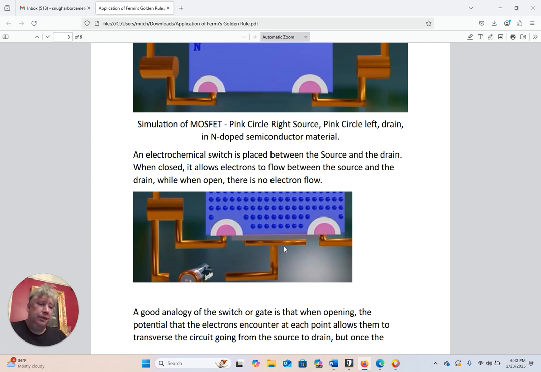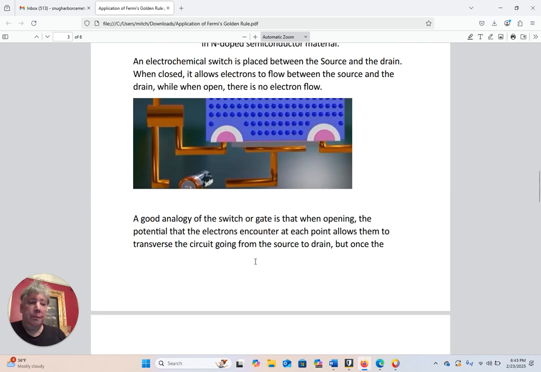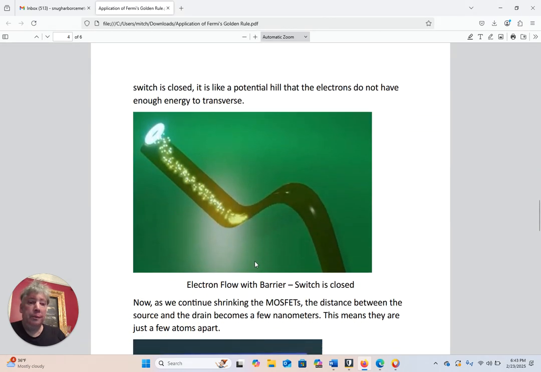The bottom line is that when the switch is closed, at each point along the MOSFET we're at a potential in which the electrons can flow. But when the switch is open, as you're seeing in the lower diagram here, it becomes like an energy barrier, like right here.